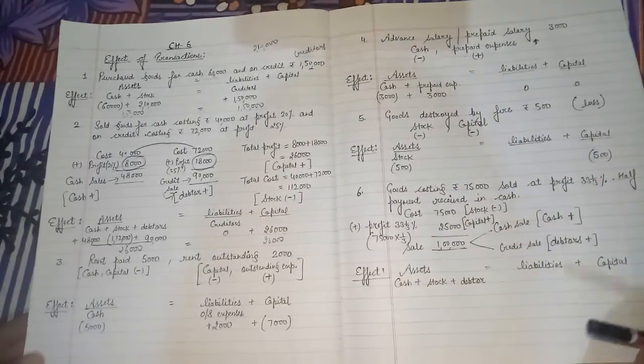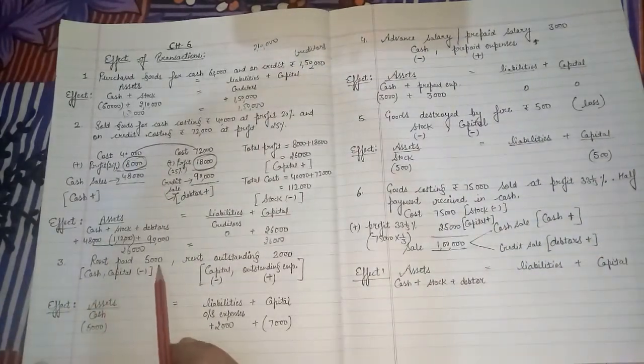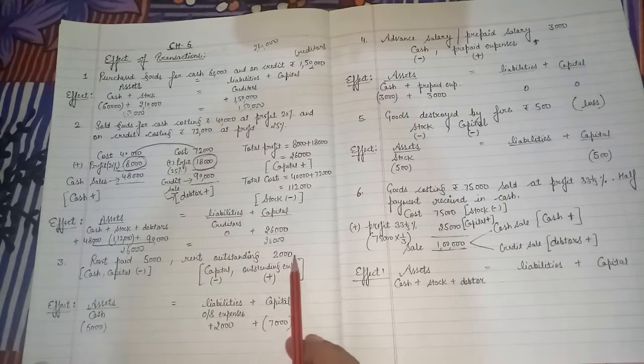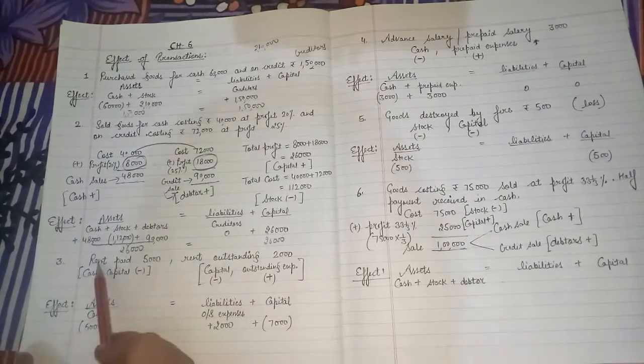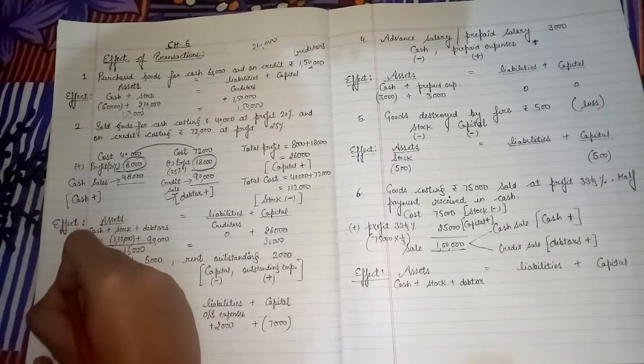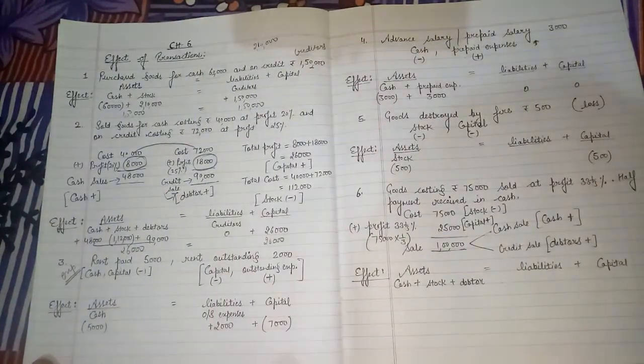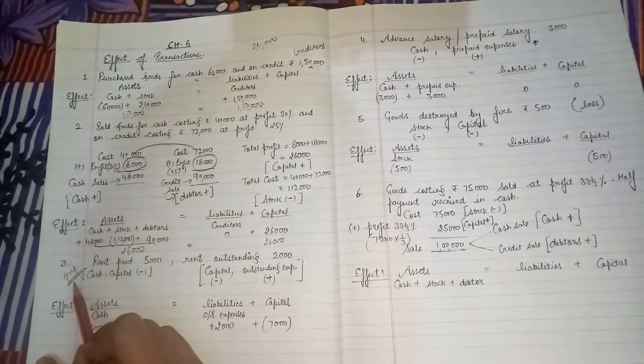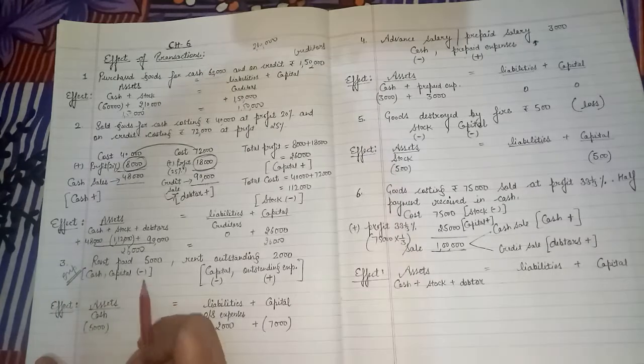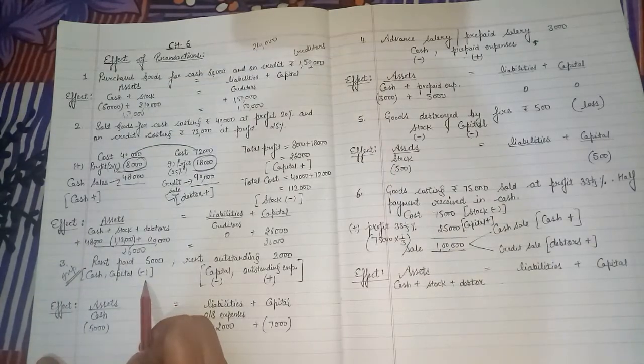Next, rent paid 5,000, rent outstanding 2,000. Now rent paid is our expense, and expenses are deducted from cash and capital. All expenses are deducted from cash and capital. No separate account is opened for expenses and income.